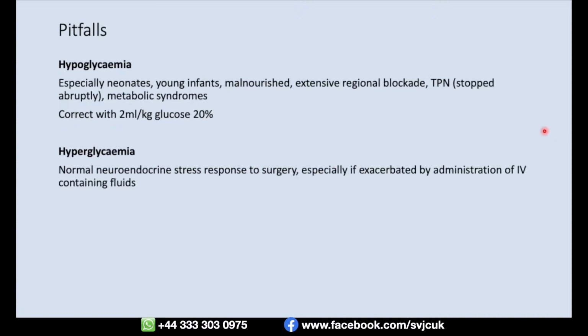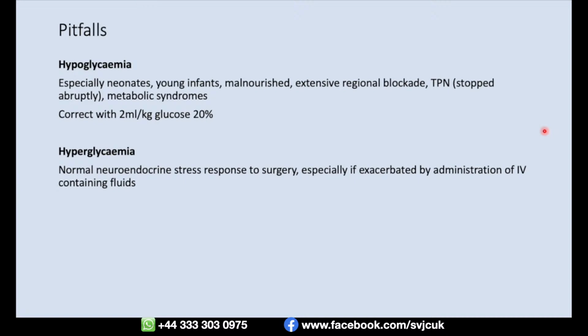Hypoglycemia, we need to very much be aware of the patients who are at risk of this. We've mentioned neonates and young infants if we're asking them to go for a long time between feeds, but also older children who are malnourished, children who've had extensive regional anaesthesia as part of their anaesthetic technique, because this abolishes the normal stress response to surgery and the hyperglycemia that would normally come with that.